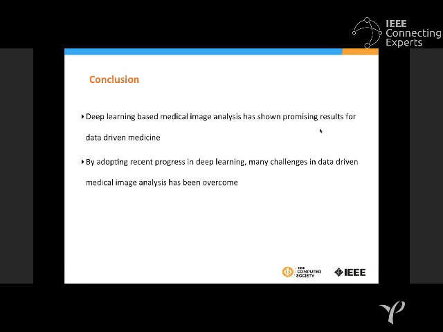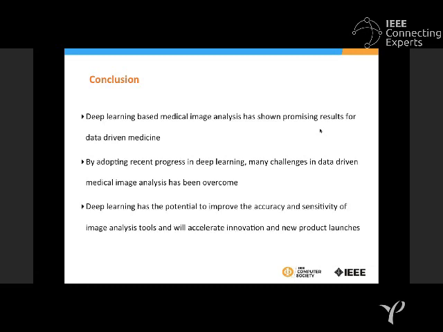As the scenario of disease diagnosis evolves, we can always adapt to the evolving scenario if we have systems like deep networks. And obviously the potential accuracy and sensitivity of these techniques are leading towards implementable mechanisms and new products which can serve society in the very best way.